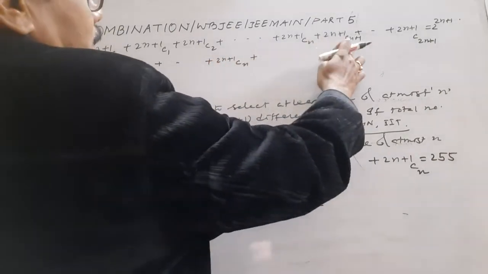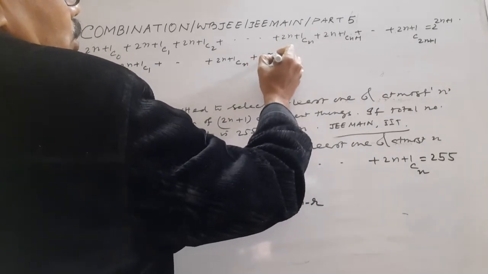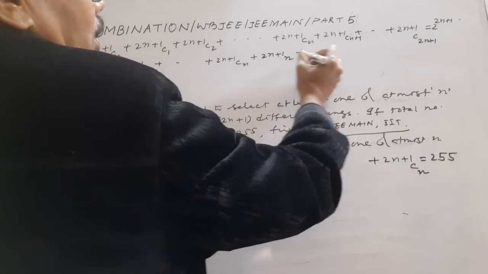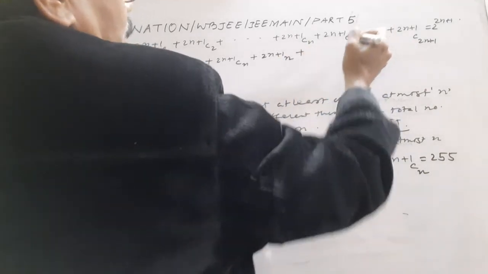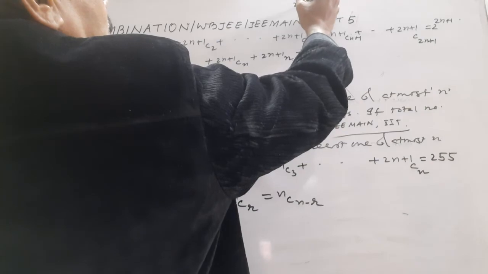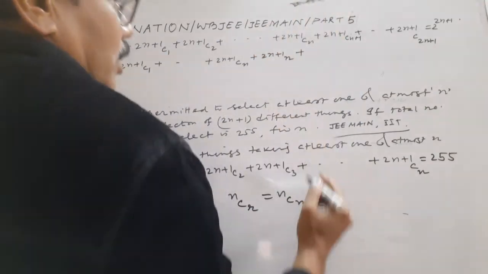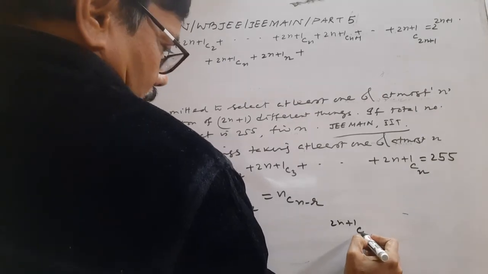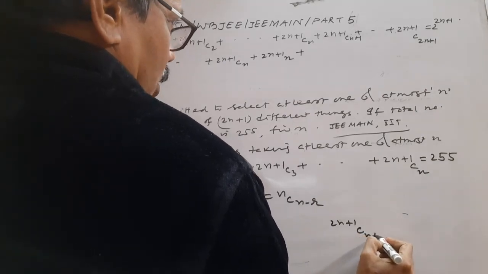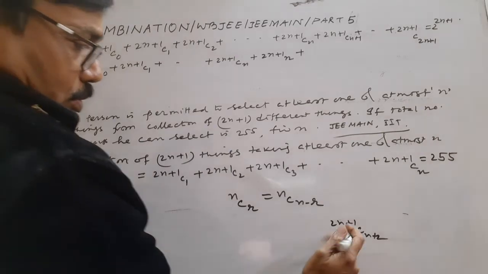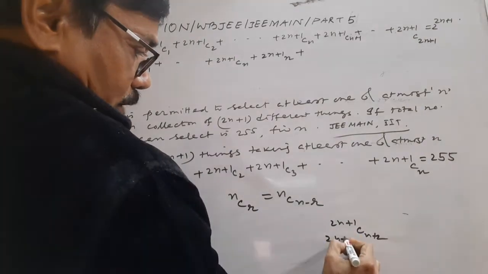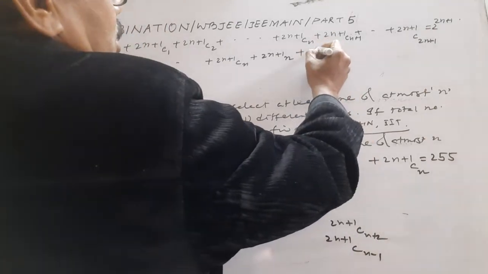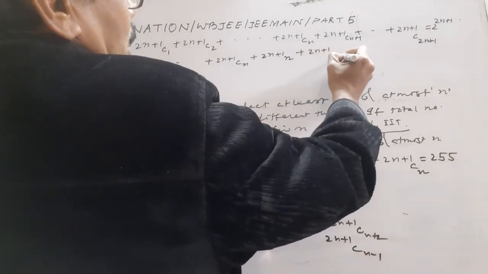By the complementary combination theorem, if you subtract, the next one, 2n plus 1 C(n plus 2), becomes 2n plus 1 C(n minus 1).